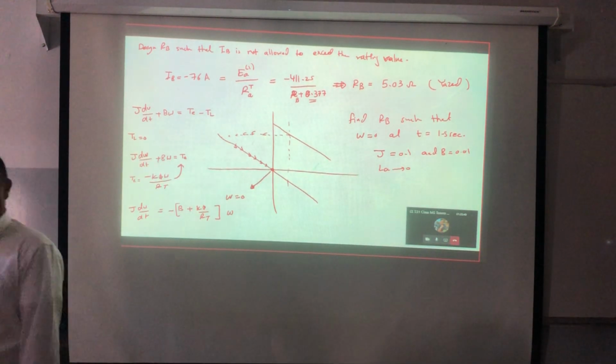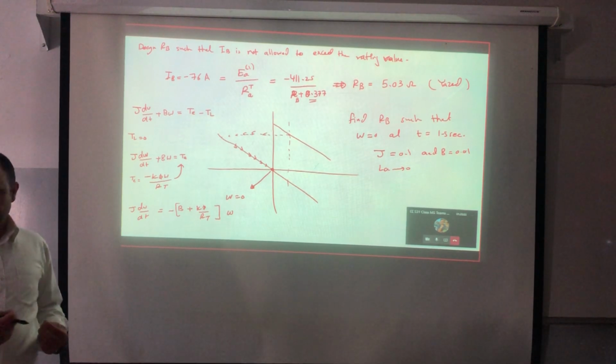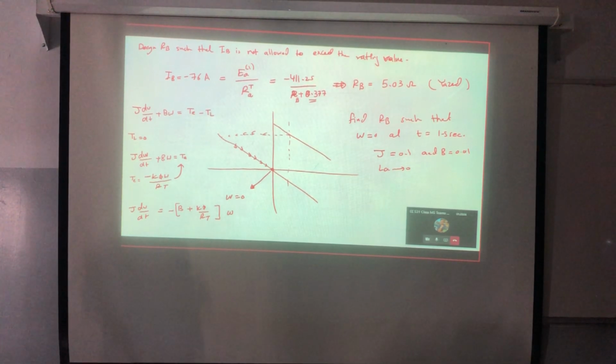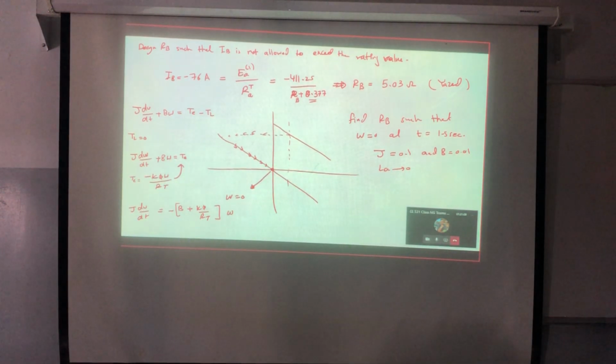This one has an initial speed, if I need to find the constant. The initial speed I know, 1000 RPM. The final speed equals 0. So I will find the constant. So you can do that. The remaining is left for you to enjoy solving the problem.